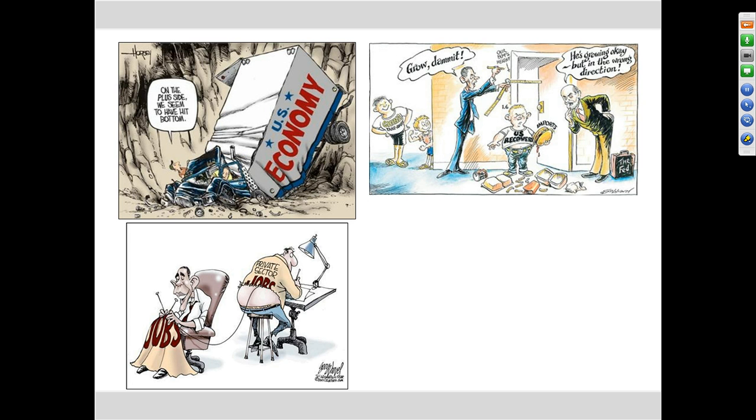Starting with the US economy, I would like to use some cartoons to try and explain where things are going as far as the US economy goes. Post the financial crisis of 2008, 2009, we saw lots of what one may call unconventional monetary experiments done by the US Fed, starting with QE1, QE2, and QE3.